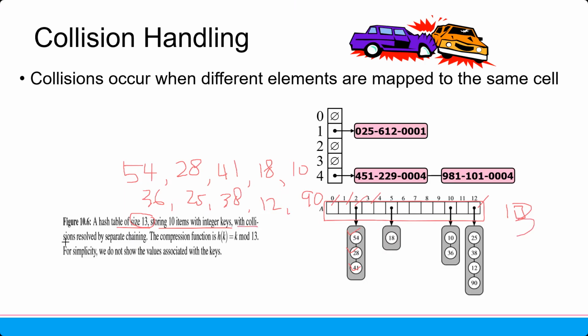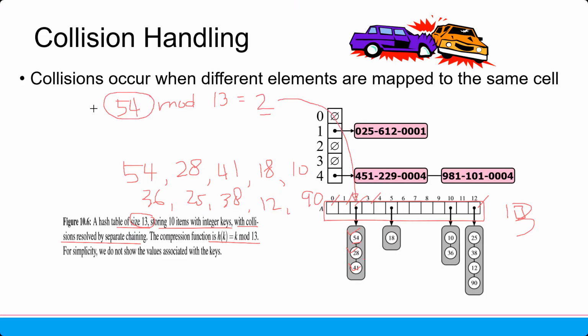So this will produce collisions. For example, take 54. Let's suppose the compression function is k mod 13. Then 54 mod 13 is 2, so I will place the integer value 54 into index 2.